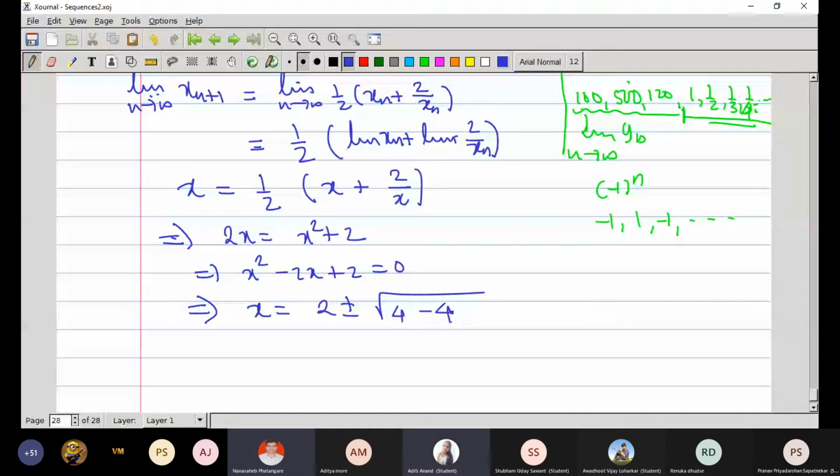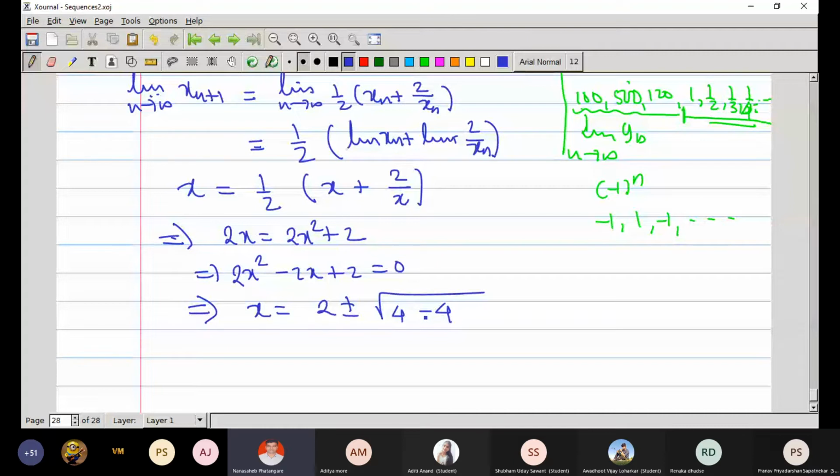Sir, in the left hand side, it will be 2x square. Oh, right. 2x square. Why 2x square? Right, 2x square. Okay, so what is it? 2x square minus 2x plus 2 is equal to 0.